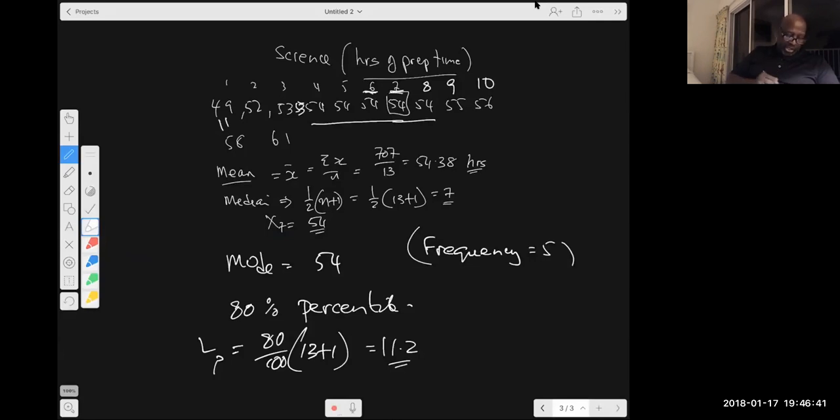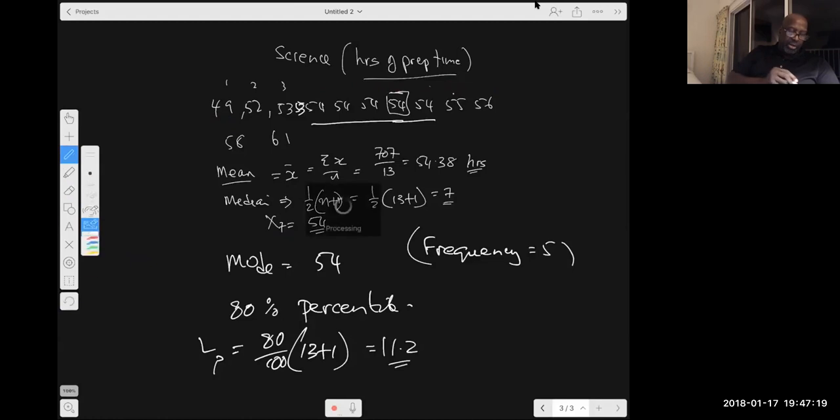So it does not change, and the mode is still 54. If I made a mistake, sorry about that. In terms of my numbering, I missed a 53 in the middle here, and as a result my counting was off.